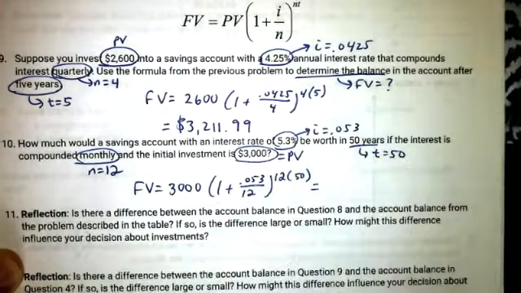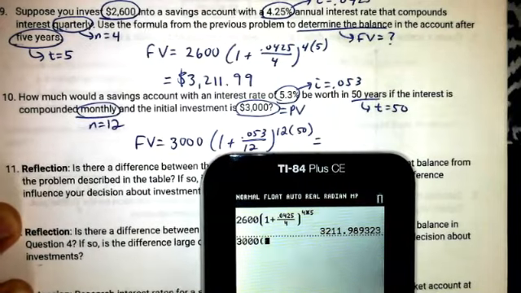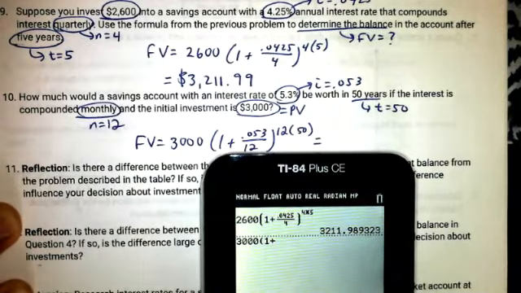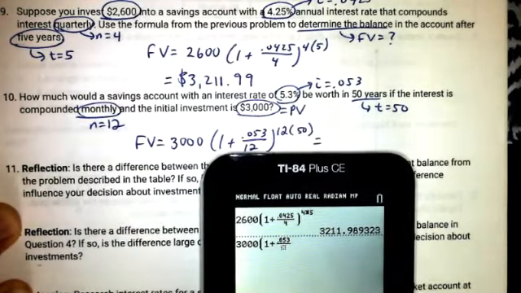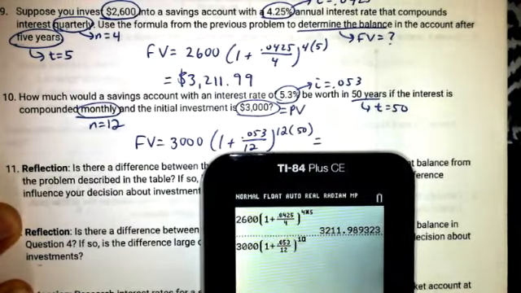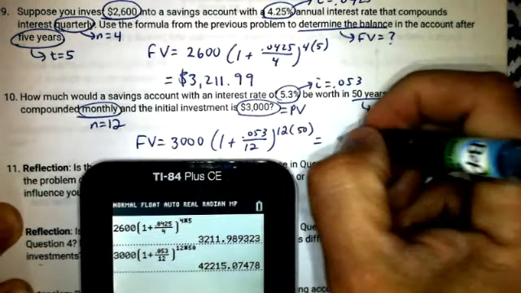Let's see how much money you would have. We get about $42,000.